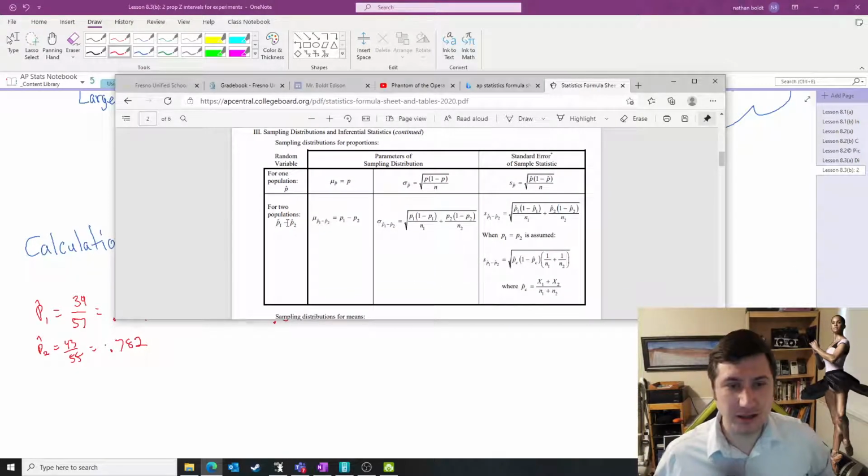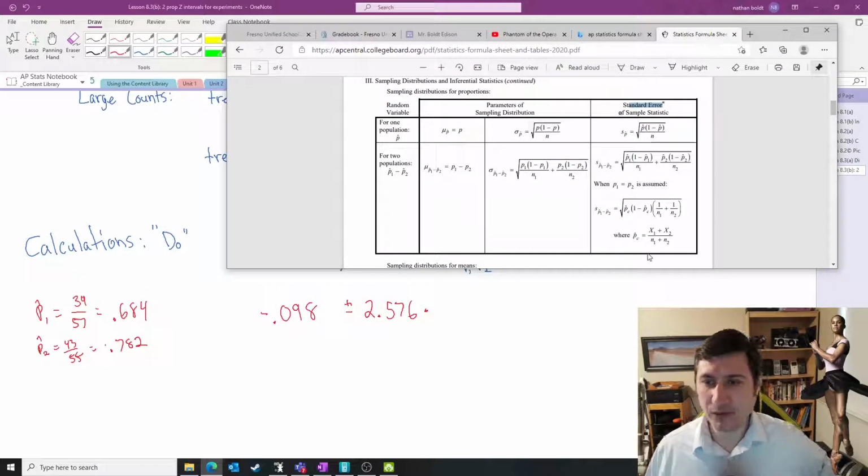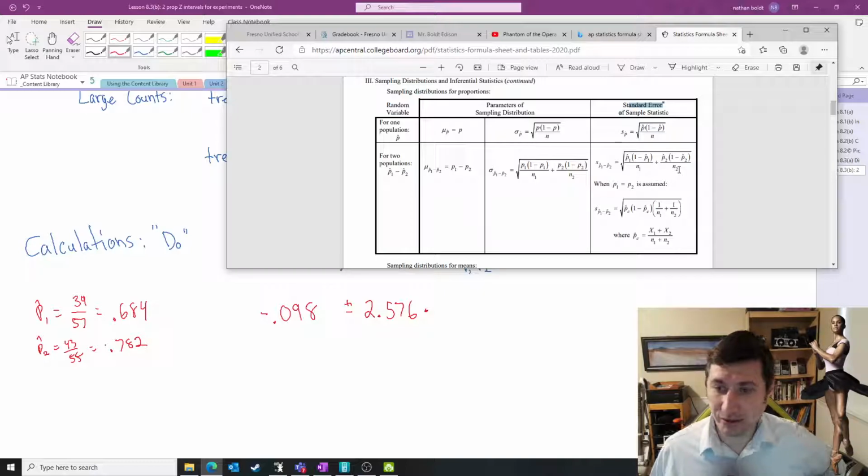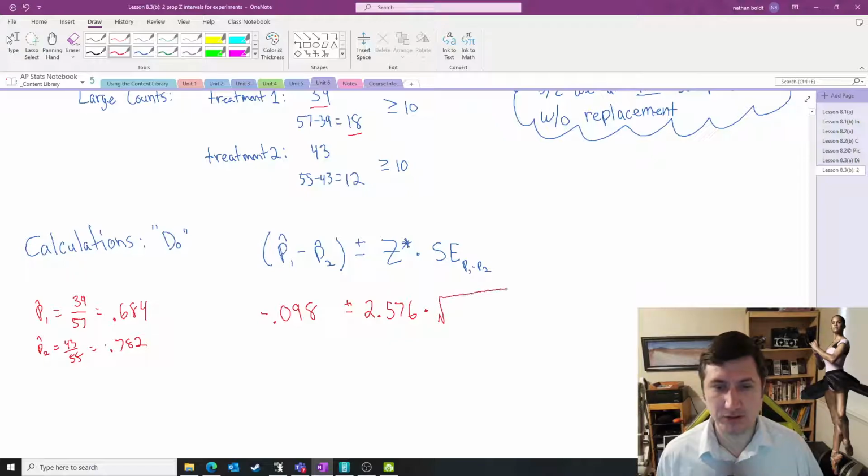Come down here, we have the standard error right here for two populations. So we take P times Q of the first one divided by N plus P times Q divided by the other N, and then we square root the whole thing. So again, don't need to have that memorized, but make sure you can find it. So 0.684 times the Q divided by 57.